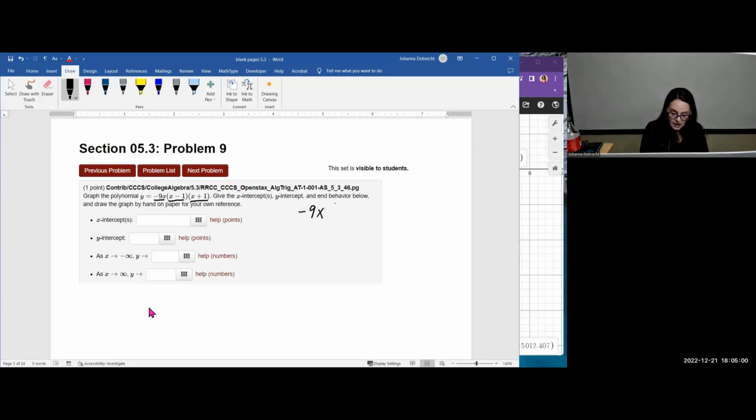So I have -9x times x to the 1st times x to the 1st. That gives me -9x cubed, which means the degree of this is 3 and the leading coefficient is -9.